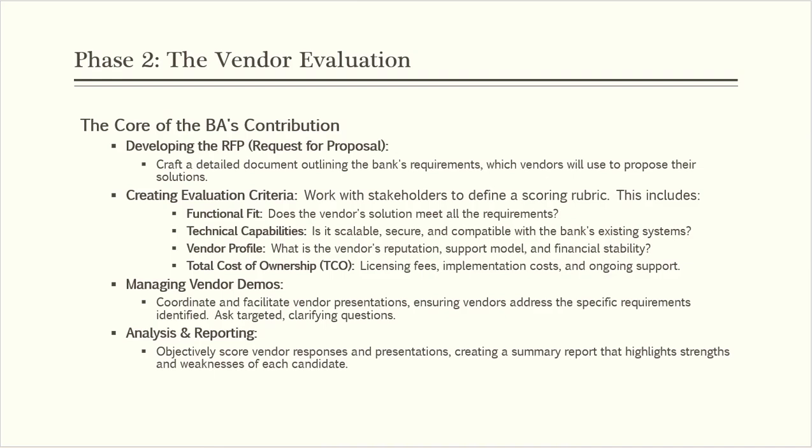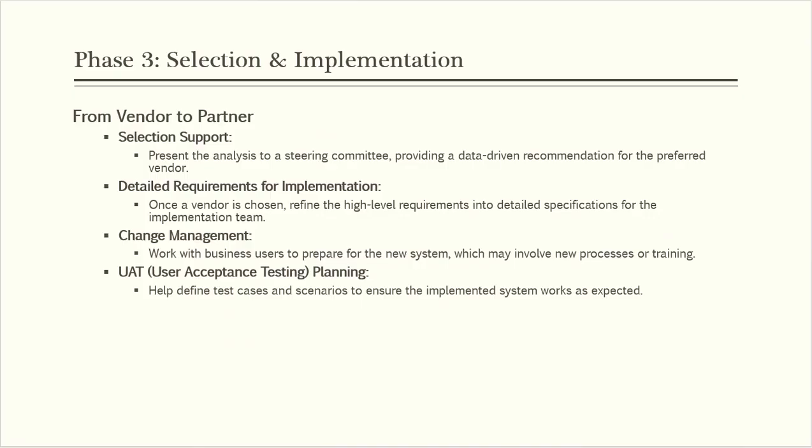Ask targeted and clarifying questions, analyze the reports, objectively score vendor responses, and create a summary report highlighting the strengths and weaknesses of each vendor. So do the analysis and reporting of the vendors and send these to the bank, so the bank will find the appropriate vendor for their transaction monitoring system.